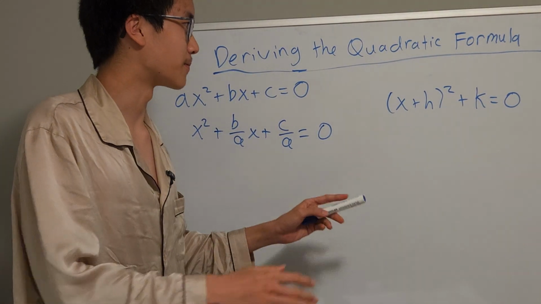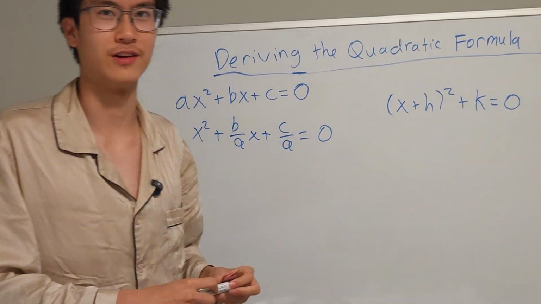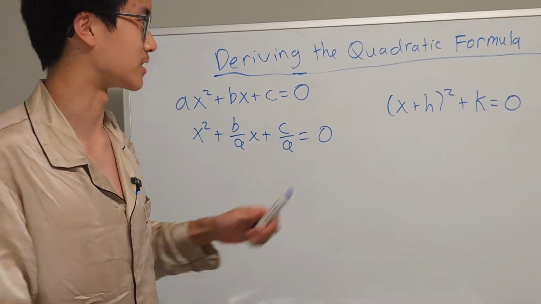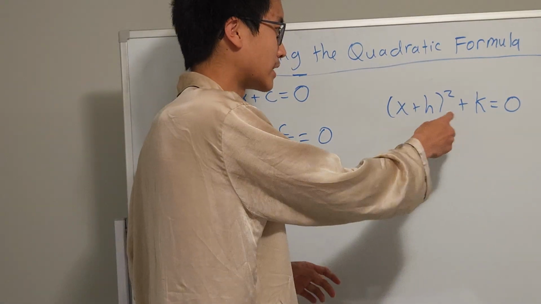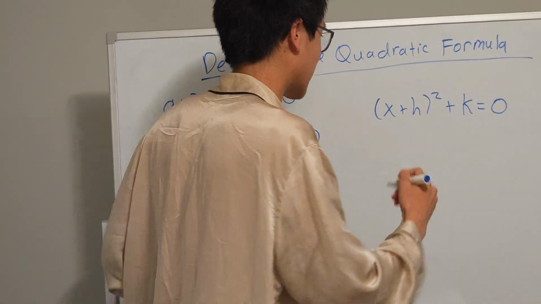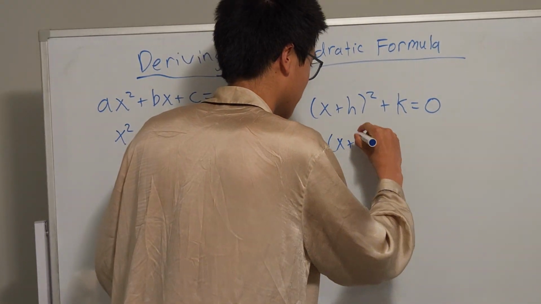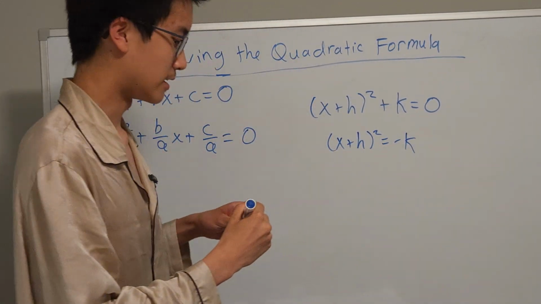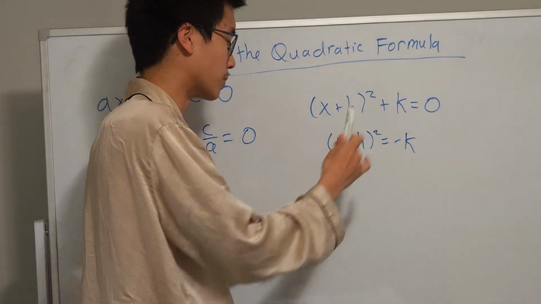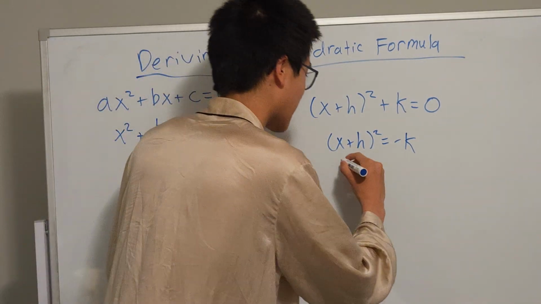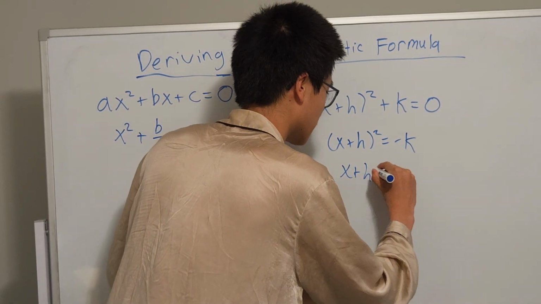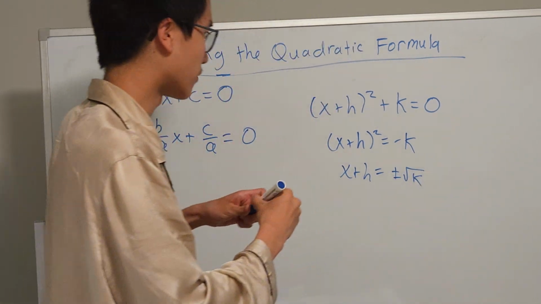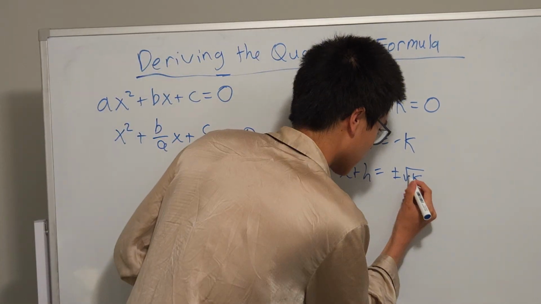However, with the completing the square method, because h and k are constants, we can rearrange this equation as x plus h squared equals negative k. And now we can take the square root of both sides, so we get x plus h equals plus or minus the square root of negative k.